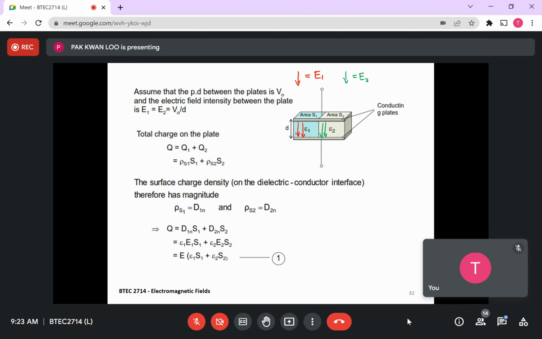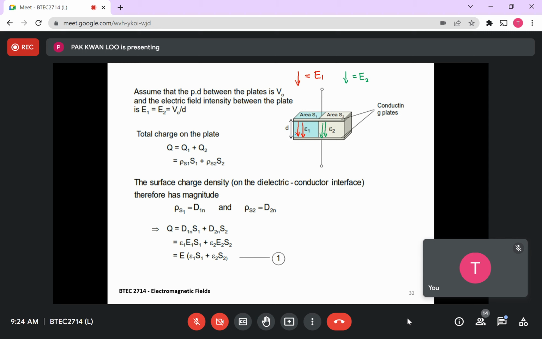Okay. So again the total charge on this plate is Q. The surface charge for area S1 and area S2 added together is Q.